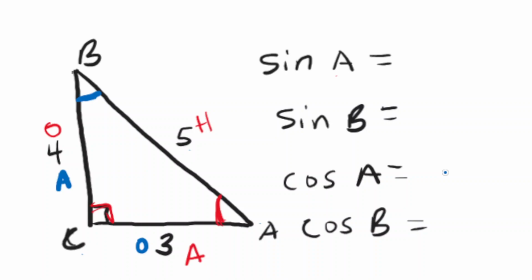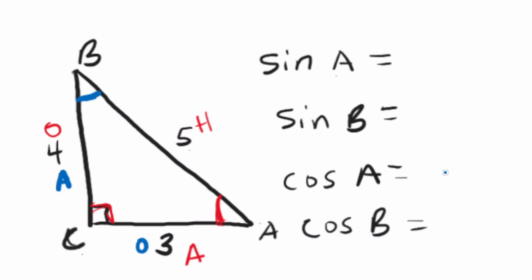If you are talking of angle A, where I used the red marker, then BC becomes our opposite and AC becomes our adjacent. If you are talking of angle B, where I've used the blue marker, then BC becomes our adjacent and AC becomes our opposite. Our hypotenuse always stays the same, which in this case is AB.